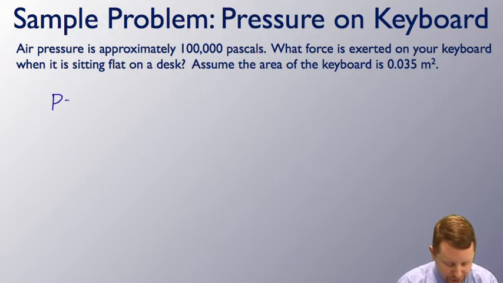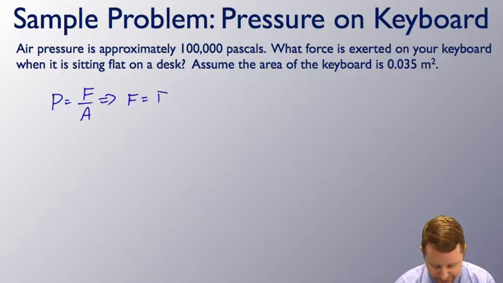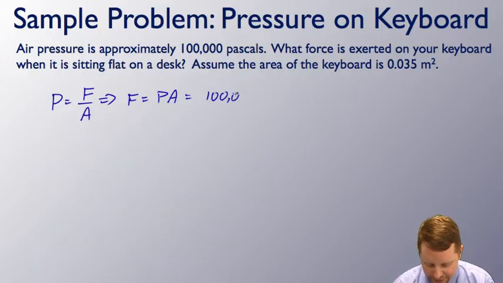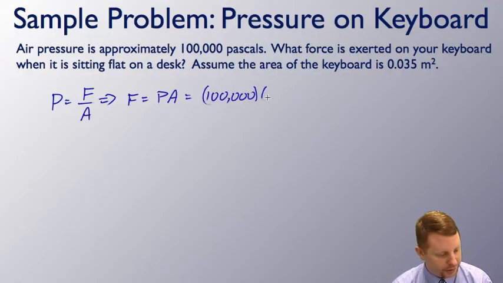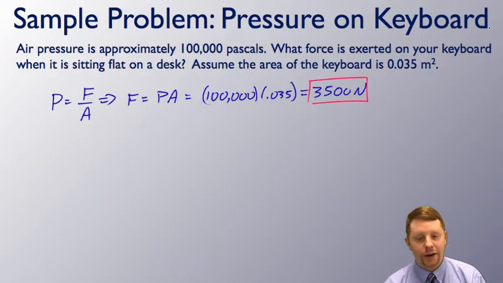Well, if pressure is equal to force divided by area, then the force applied is the pressure times the area, or 100,000 pascals, or 10 newtons per square centimeter, times 0.035 square meters is going to give you a force of about 3,500 newtons. Quite a big force.